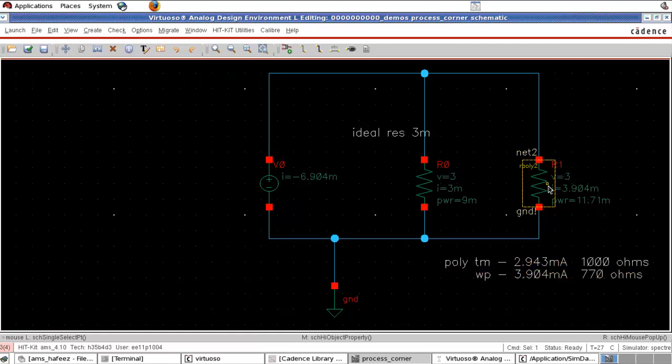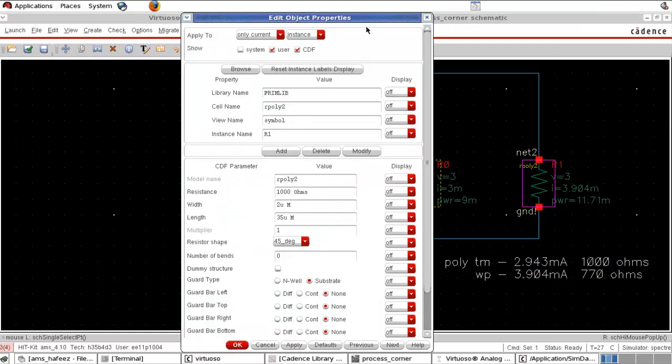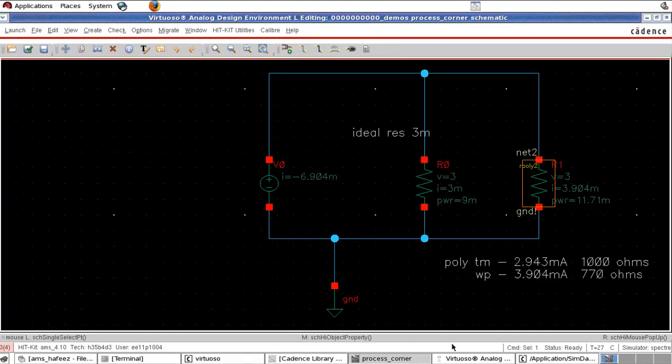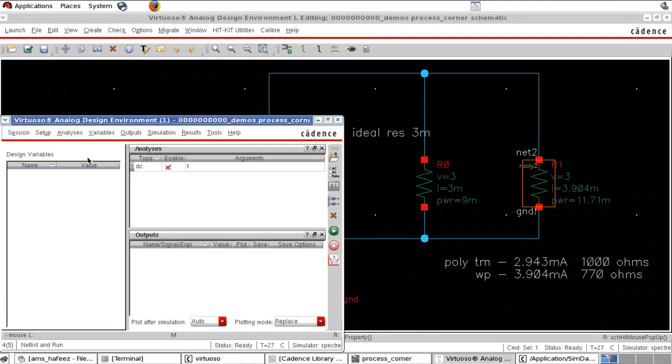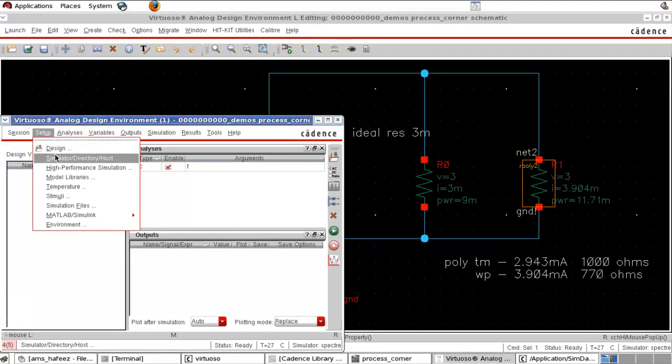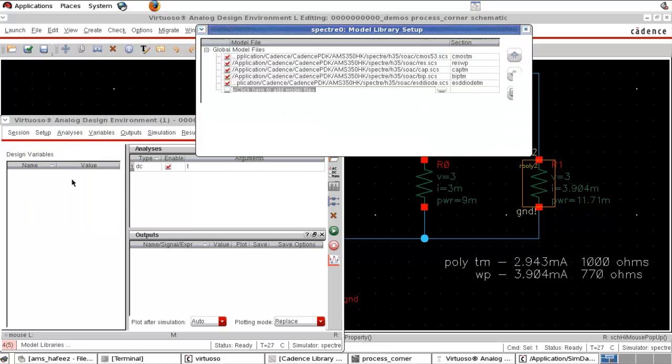Now keeping the same value 1000 ohms, we change the model file again. Now we simulate in the worst speed corner, that means maximum resistance value. So instead of resistor model WP, we can change this to WS.